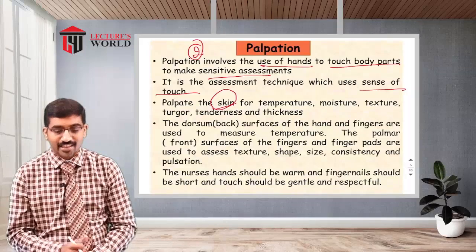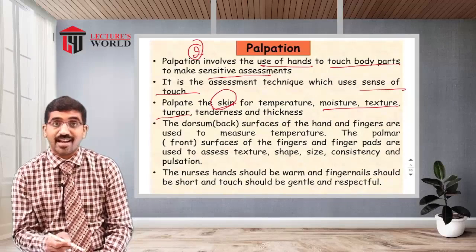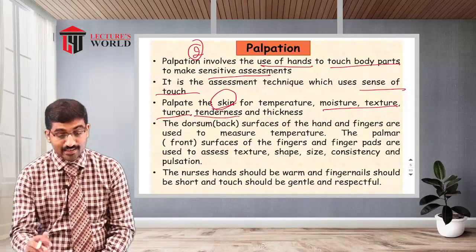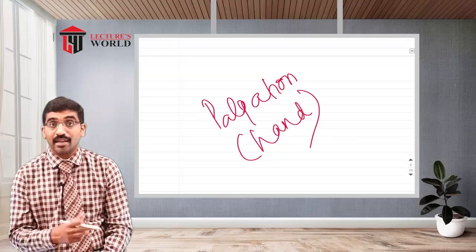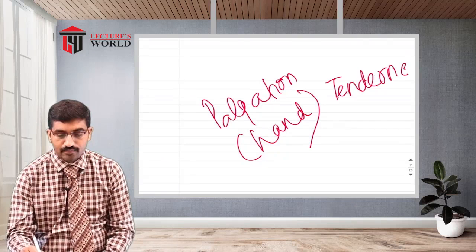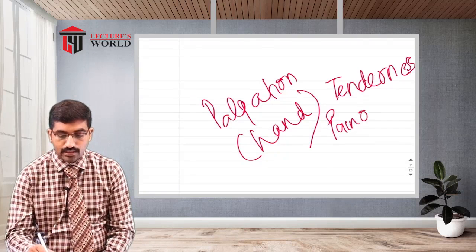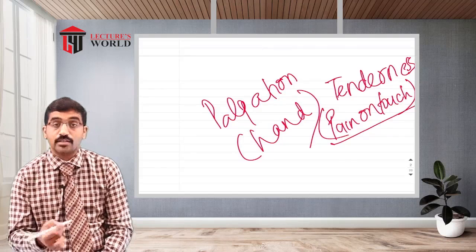Texture, turgor, I'll give more examples of these terms, don't worry, because they are there in the further slides. Tenderness, I'll just write here because this term I'm going to repeat in many areas. Tenderness means pain on touch. Do remember this term, pain on touch.